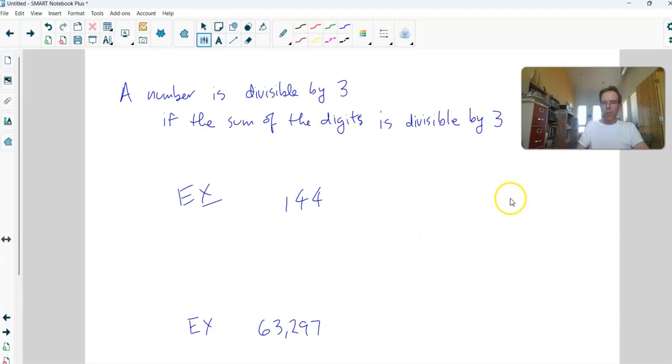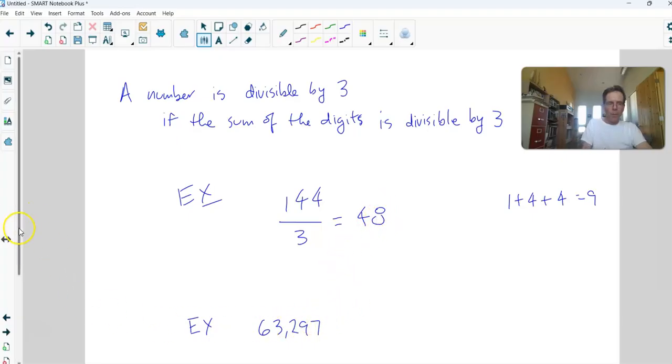So 144, notice if we add up the digits, we get 9. That's divisible by 3. And so 144 is divisible by 3. I'm going to do that on my calculator real quick. You get 48. It divides in evenly without a remainder.